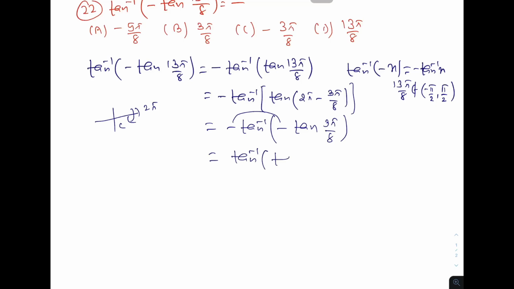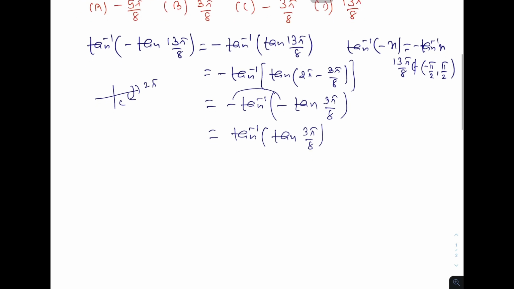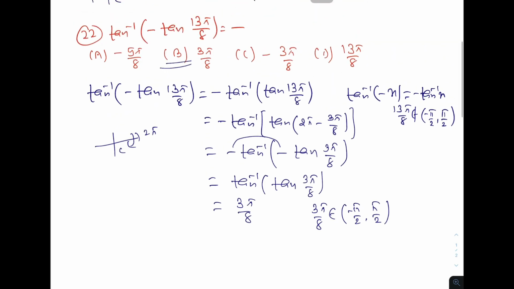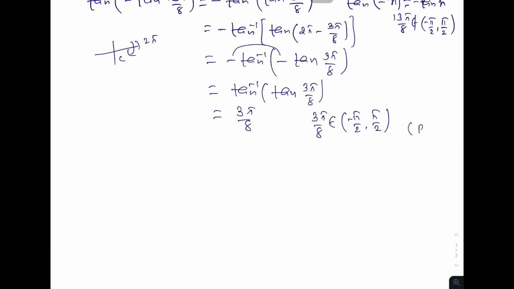So tan inverse tan of 3 pi by 8 is 3 pi by 8. 3 pi by 8 belongs to the open interval minus pi by 2 to pi by 2. So the answer is 3 pi by 8. So this B option is there.